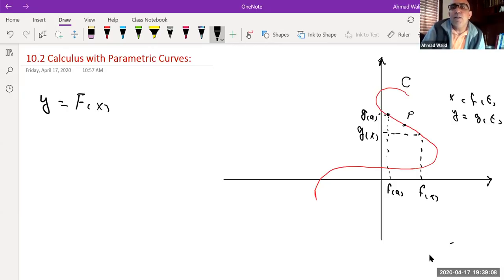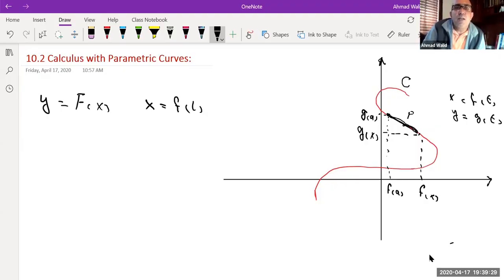Correct? This portion, which is a curve, looks like a straight line, but see it as a curve. This part is a function of y with respect to x. Correct?